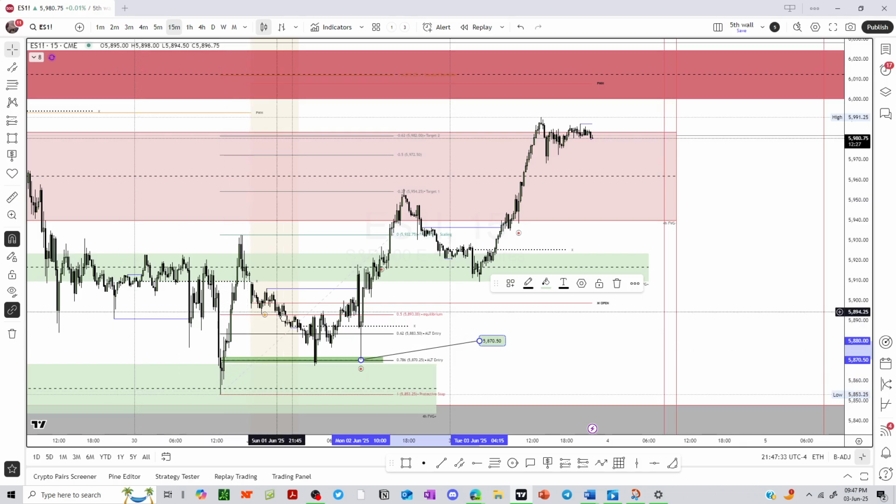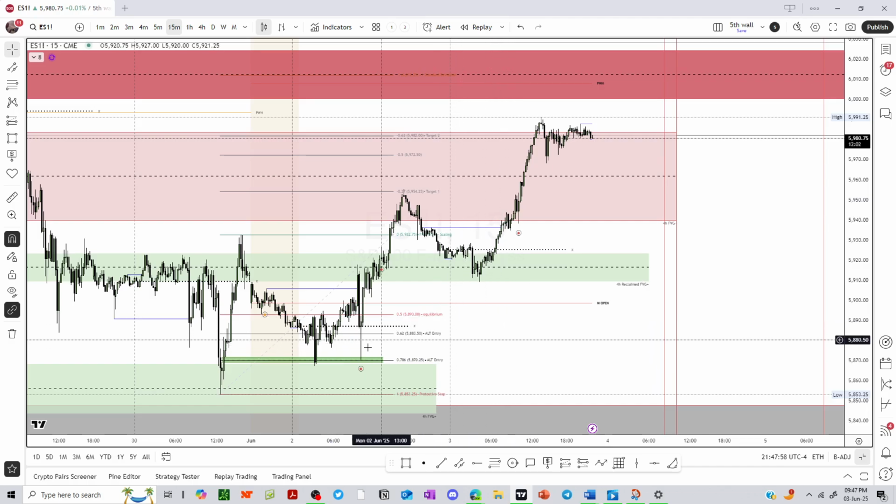From the midnight to midnight. Time of day, midnight. London made the low of the day. News drove price down lower, still inside this range. And 5870.25 would be the optimal trade entry long at 78.6. And we obviously just missed that by a tick. That's okay, right?